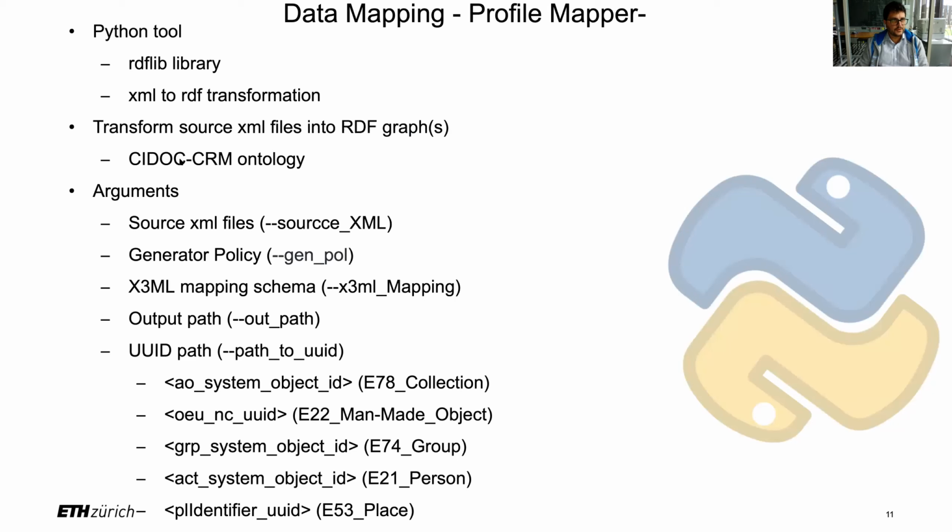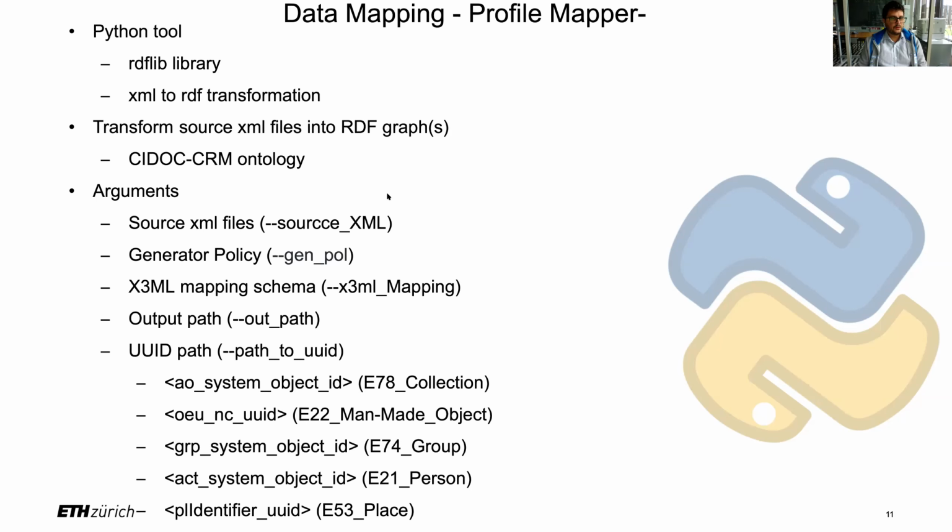Then the fourth step is the transformation of our harmonized XML file into RDF. We implemented a dedicated tool in Python built on top of the RDFLib library. The goal of this tool is to transform all the XML dumped from EasyDB into an RDF graph, ready to be ingested directly into the ResearchSpace platform.